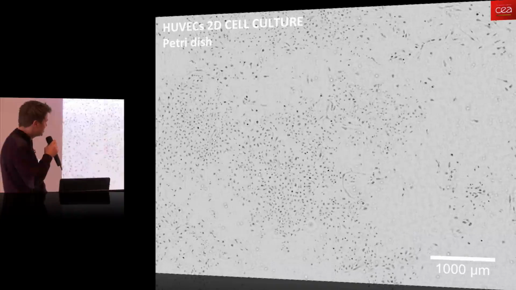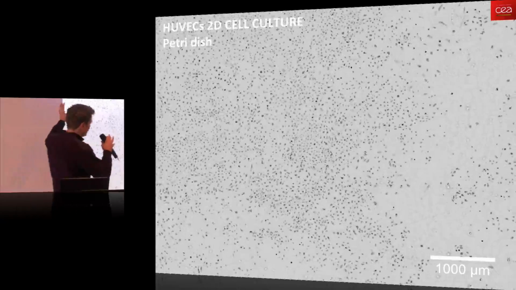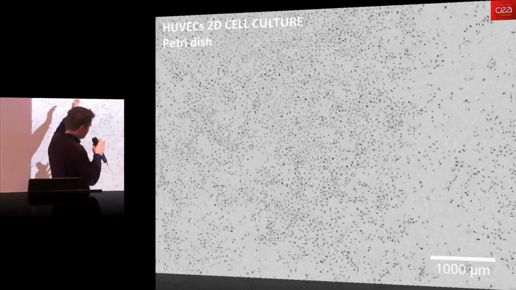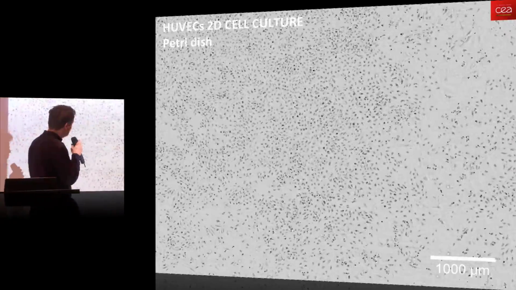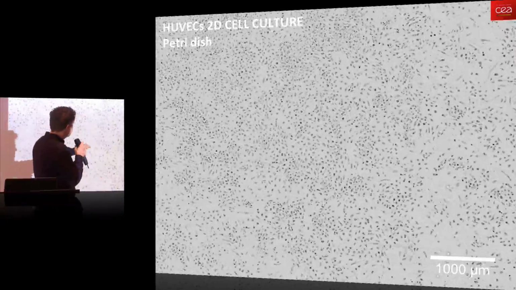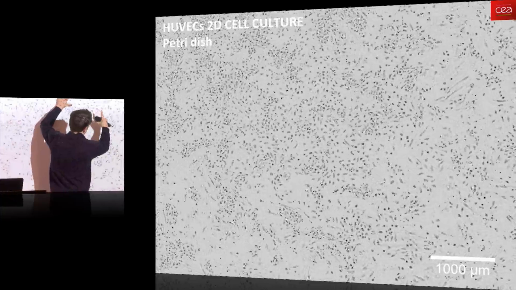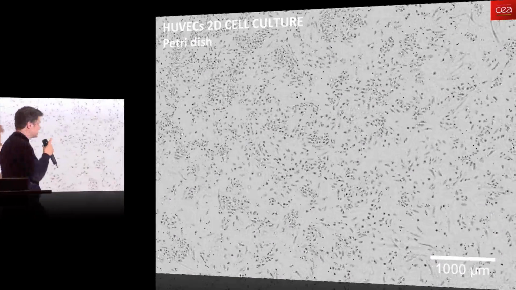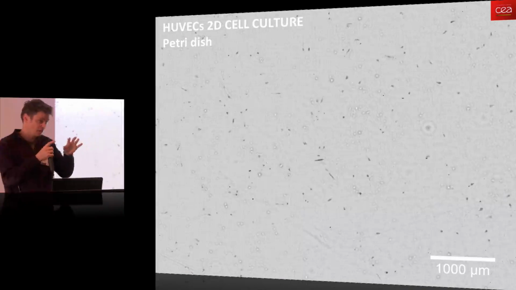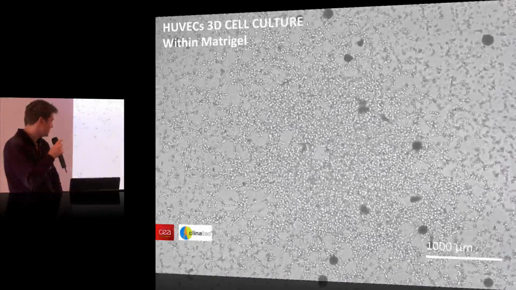What's interesting in this picture is that because you have a very large field of view, at some point you see a kind of fluidic flow of the cells. You see they rotate around vortex. This is something that you will not be able to look at with a standard microscope. So this is in 2D. And now we put the same cell on a matrigel, and you will see the difference.